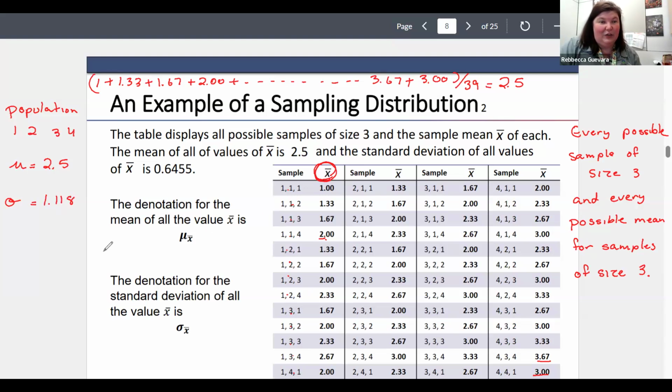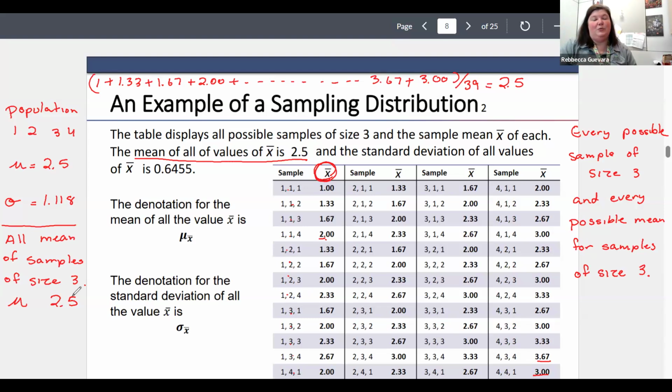What we're saying here is that if I look at my mean of all my means, all sample means, let me add there, all means of samples of size 3, what we're getting is that we're going to get a mean again. So my mean of my means is going to be 2.5.